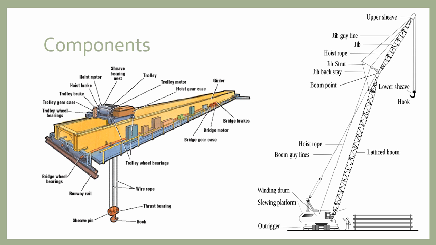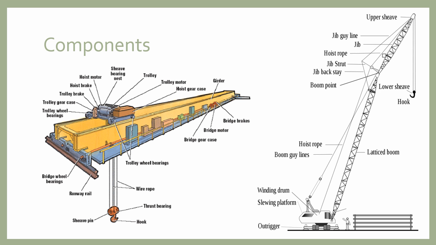Here in this crane, this one is the outrigger, which is used for stabilizing the crane. This one is the winding drum or slewing platform. This one is the lattice boom, and this one is the jib. Here is the hook, and this one is the upper sievage. Here is the jib guy line.